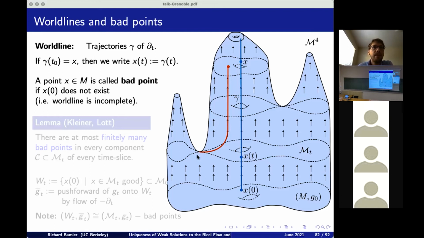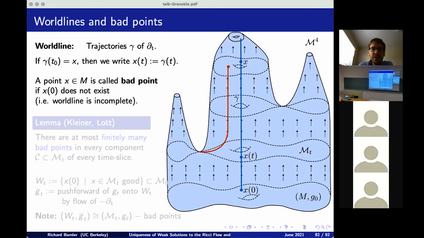Okay. So now I'm going to call a point x in some time slice a bad point if we can't follow the world line all the way back to time 0. So if x(0) does not exist. So if the backwards world line is incomplete. Bad points are those that run into singularities if we move backwards in time.